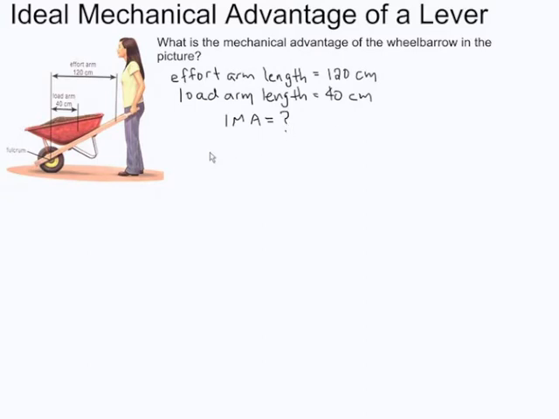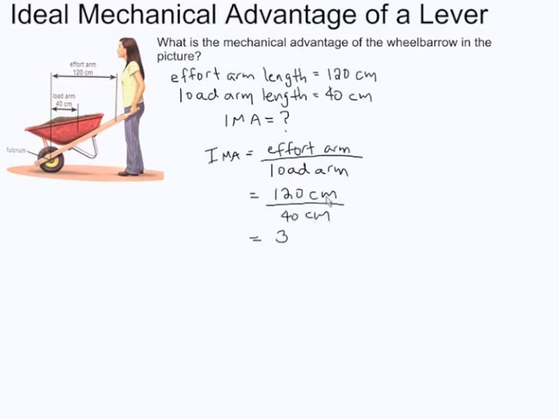So IMA equals question mark. Next, we write out the formula that we're going to use, or we analyze our situation. So, ideal mechanical advantage of a lever equals the length of the effort arm divided by the length of a load arm. Then we substitute in our values, 120 centimeters divided by 40 centimeters.